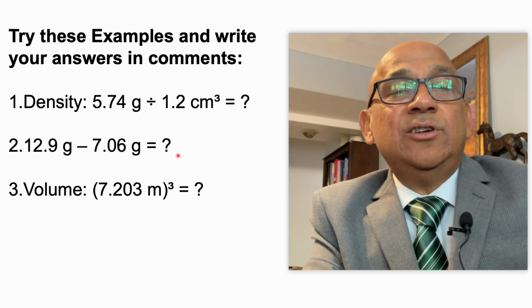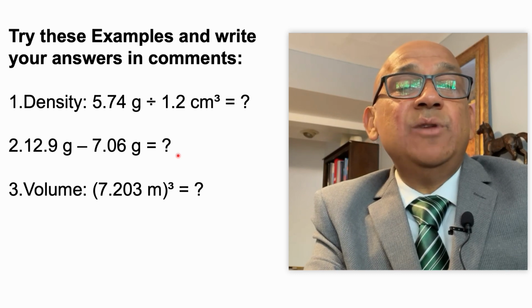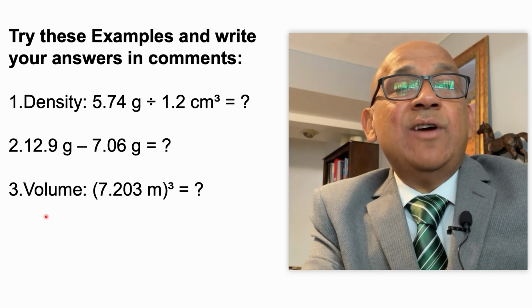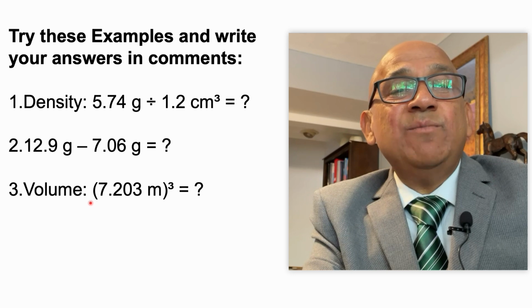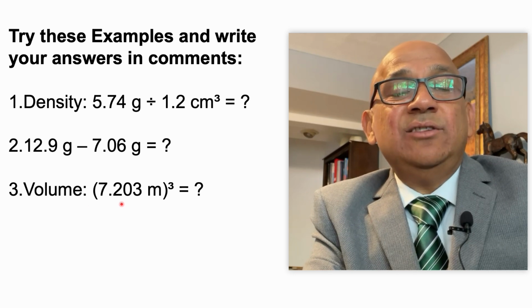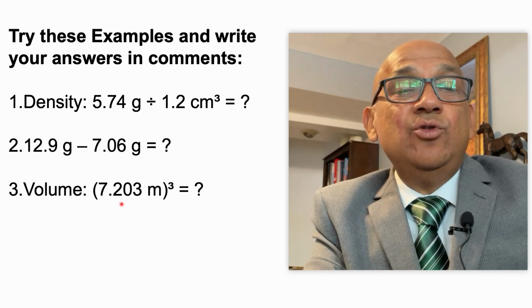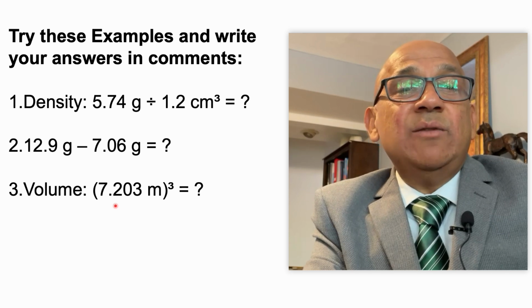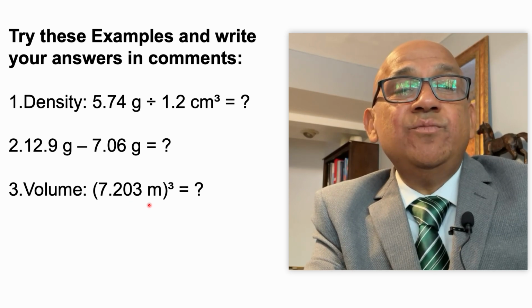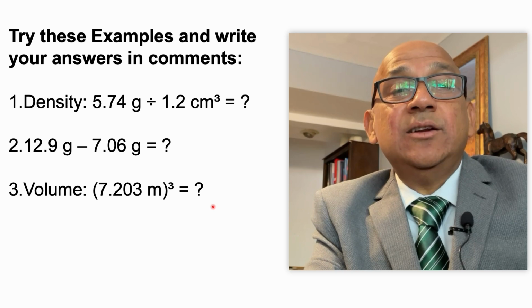Again, write your answer with the right number of decimal places. And then find the volume of something which has cubic dimensions, 7.203 meter cube, and write your answer with the correct number of significant figures.